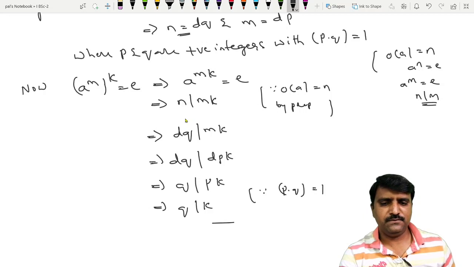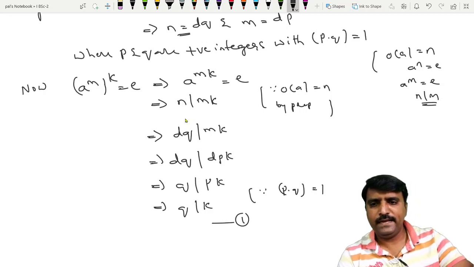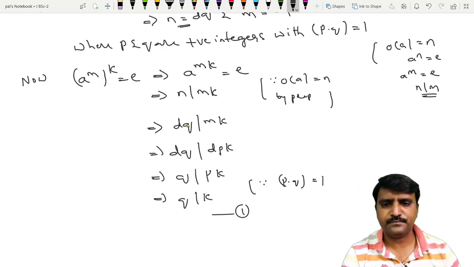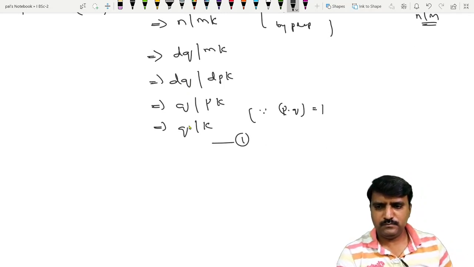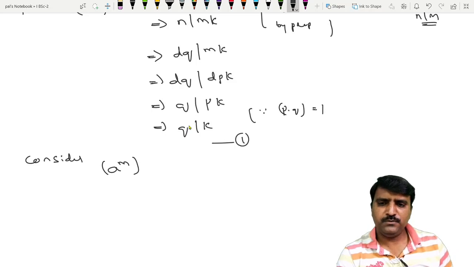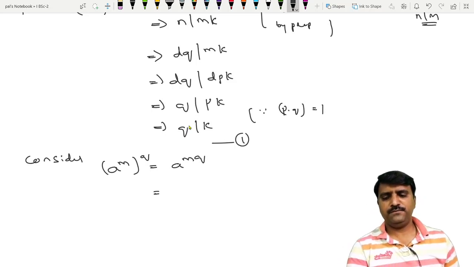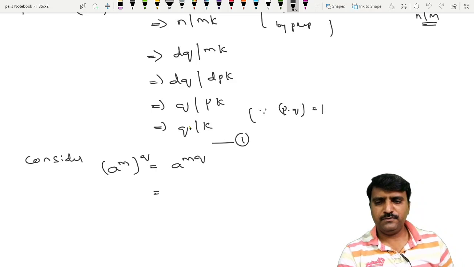Take this as 1. Okay, again consider a to the power of m. Consider this: a to the power of m whole to the power of q can be written as a to the power of mq.